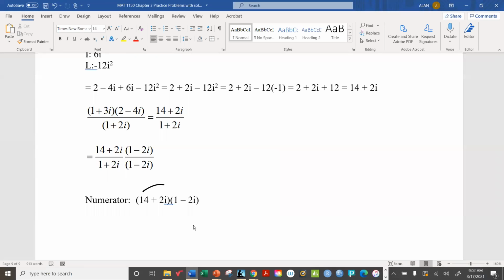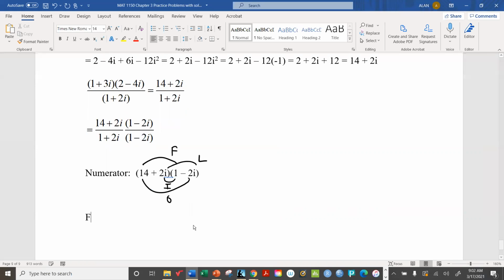All right, so here's the F, O, I, and L. F is 14, O is minus 28i, I is 2i, and L is minus 4i squared.